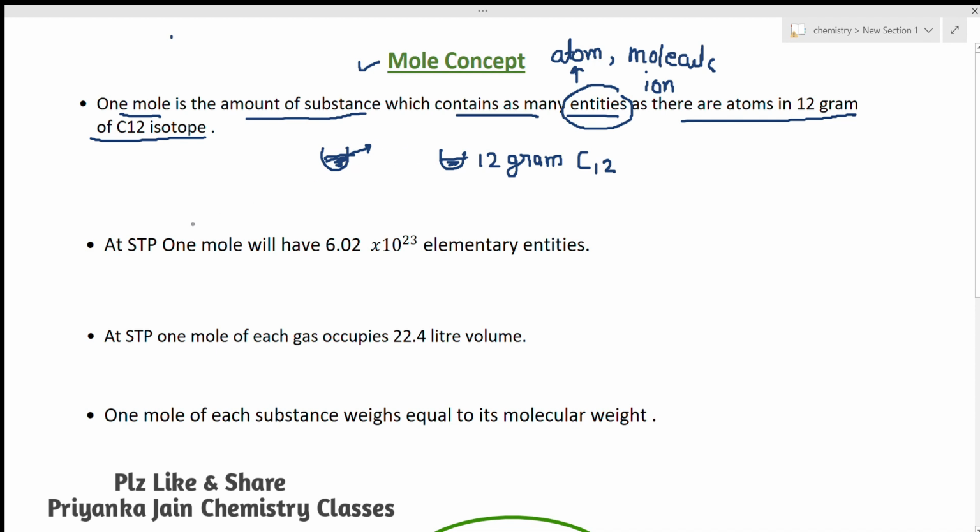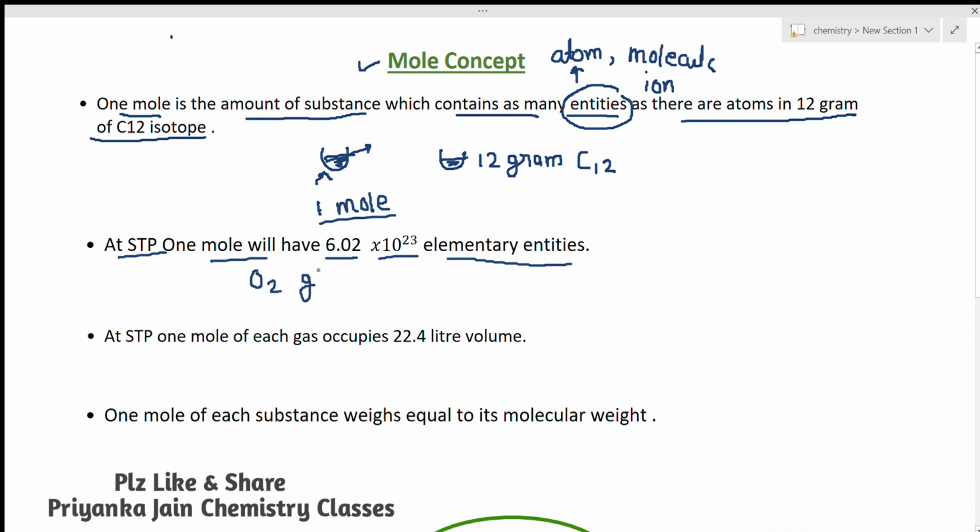One important thing is that at STP 1 mole will have 6.02 × 10^23 elementary entities. It means if this sample has 1 mole, then it will have 6.02 × 10^23 molecules or ions or atoms, for example if we are taking O2 gas.